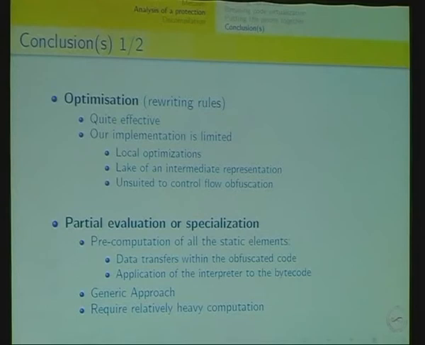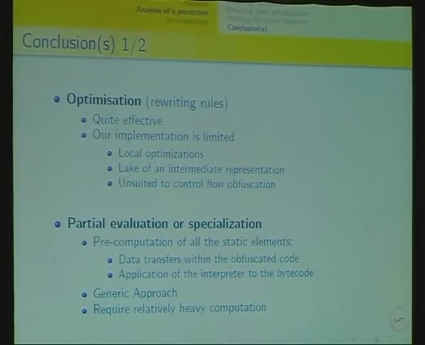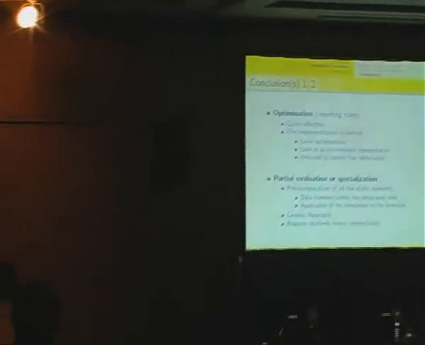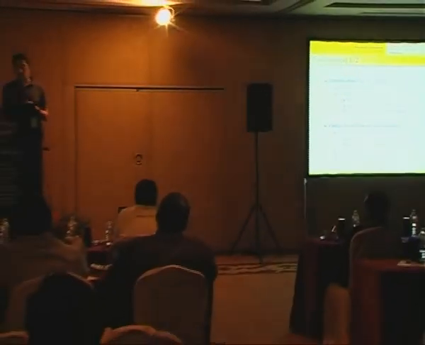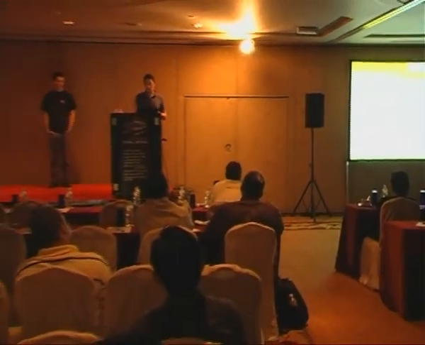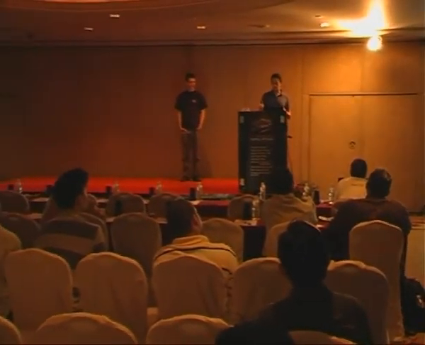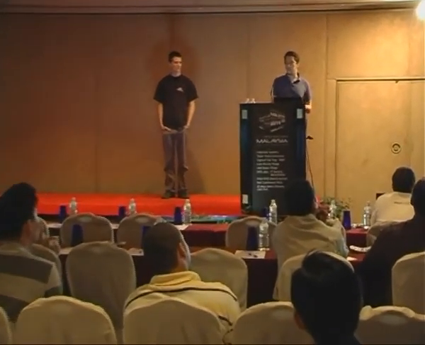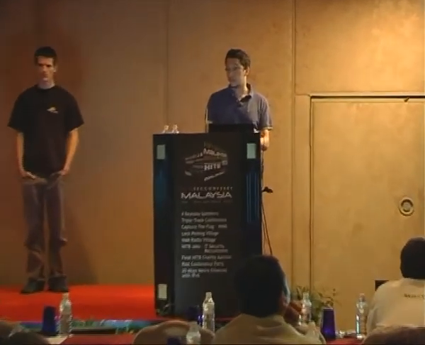A small drawback is that it requires relatively heavy computations. Most of the things we show in this presentation have been put in a cache and were not generated on the fly. But once you have your virtual processor, you can analyze with it all the virtual machines that use this same processor. So it's quite generic.